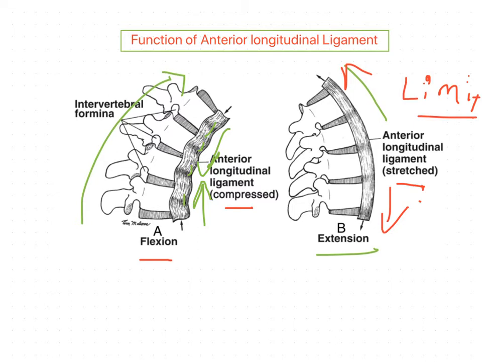Another important thing: during flexion and extension, the ligament compresses in flexion and stretches in extension. What happens in the neutral position? In the neutral position, the ligament becomes slack, which means it does not show the kind of deformation we have seen in flexion. Normally, in the neutral position, it becomes somewhat slack.